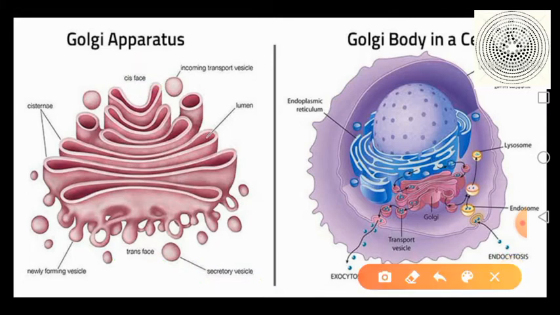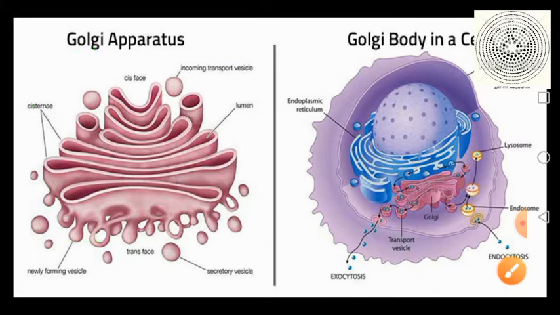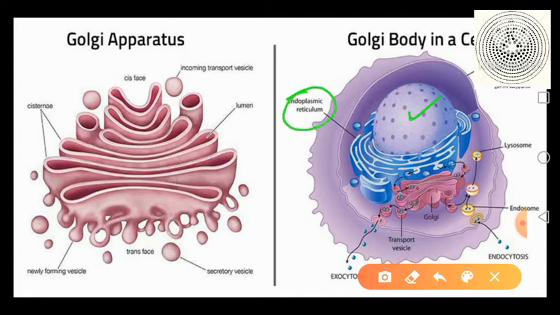So basically this is the Golgi complex, and here again they have shown the nucleus and the cell membrane, and surrounding the nucleus there is an endoplasmic reticulum.